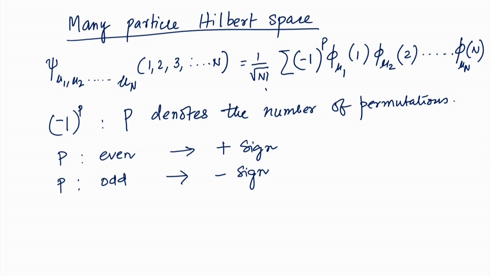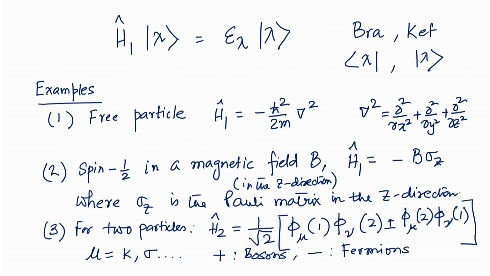Okay. So, just to go back to the two particle problem, you see that for fermions there is a negative sign. What I mean is that, see here phi mu is for the particle at 1 and phi nu is for the particle at 2, and the indices have been swapped, so that phi mu is now for the particle at 2 and phi nu is for the particle at 1, and there is a minus sign, because we have made one swap in going from the first term to the second term.